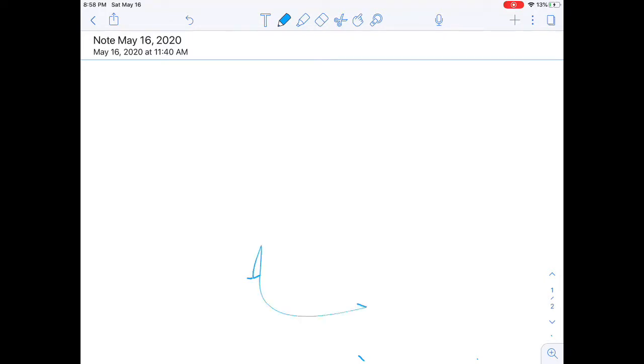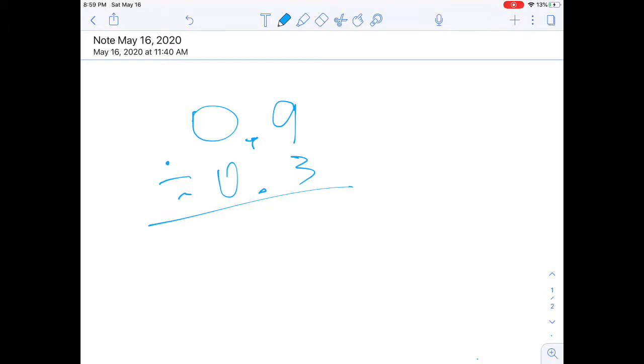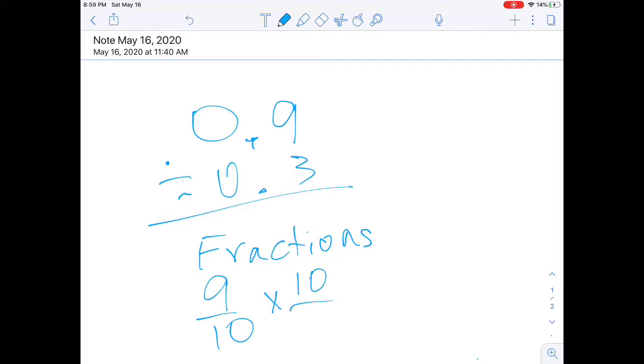So 0.9 divided by 0.3, the fractions way is going to be 9/10 multiplied by 10/3, because it would be divided by 3/10, but because it's division, it flips into 10/3.